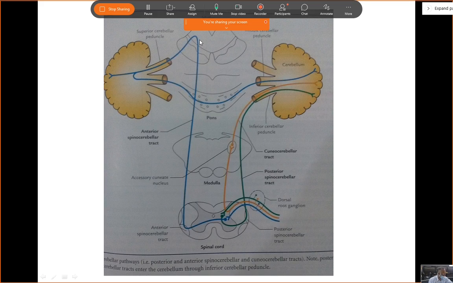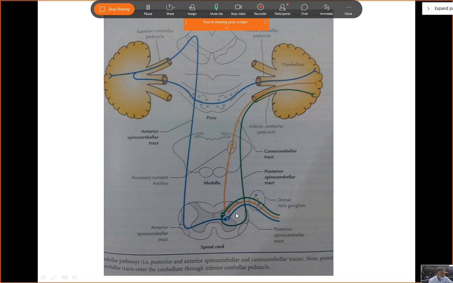Fibers from the right side go to the opposite side of the cerebellar cortex, forming the anterior or ventral spinocerebellar tract.